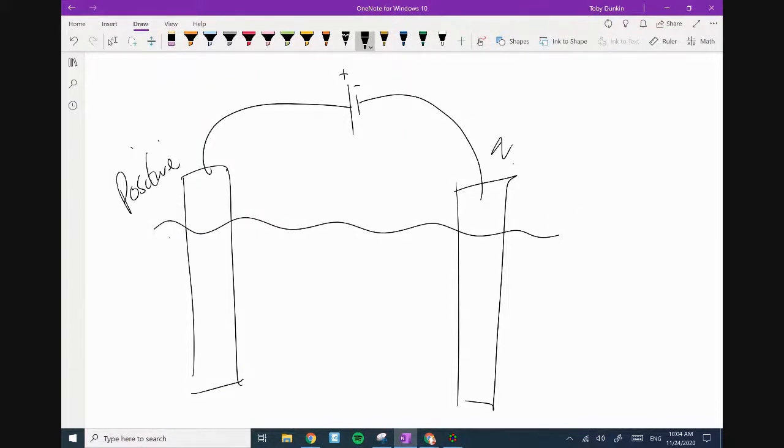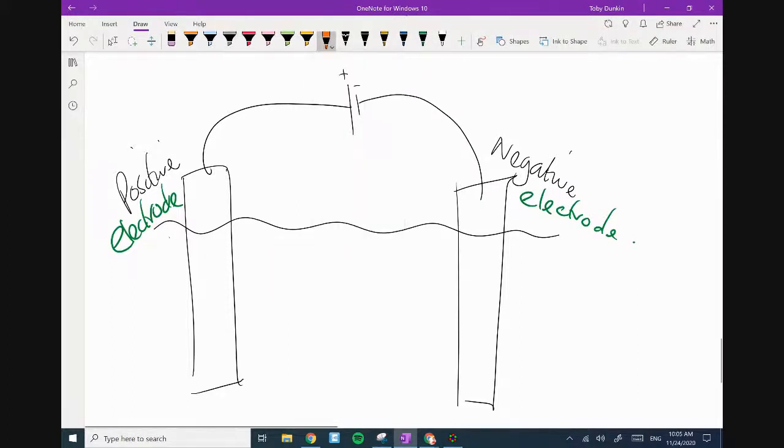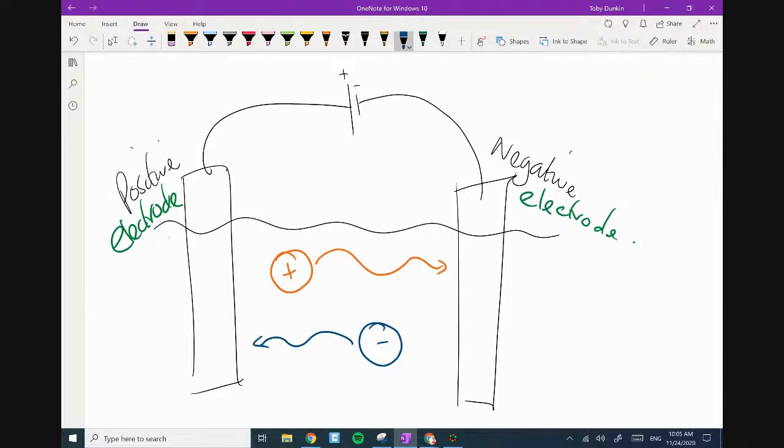This is the negative electrode. It's nice to add those words. I'll change my color. Electrodes. And what now happens is the positive ions, let's make that bigger. The positive ions will move towards the negative. And the negative ions will move towards the positive.